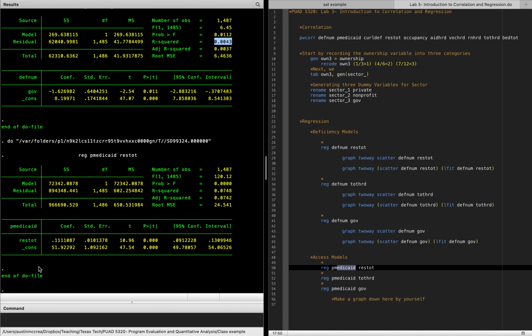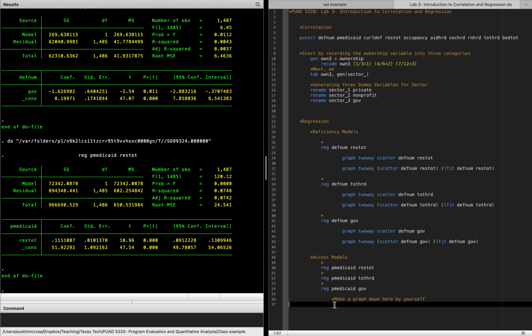What we see here is that a 1 unit increase in the number of residents predicts a 0.11 percentage point increase in the percentage of Medicaid patients. And once again, if we went to the point where this variable is equal to 0, we'll see that the baseline is 52% of Medicaid patients.